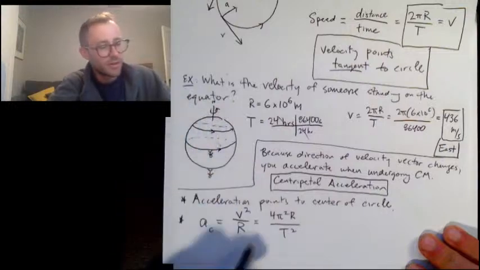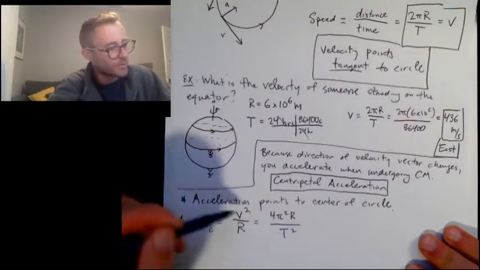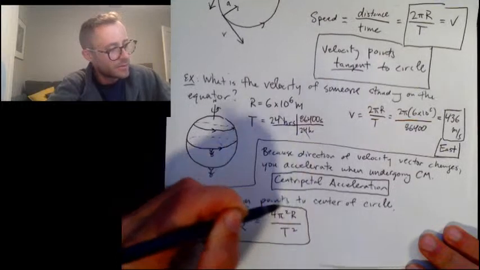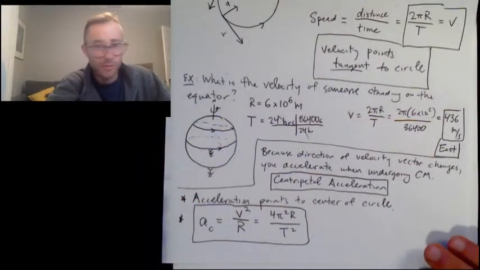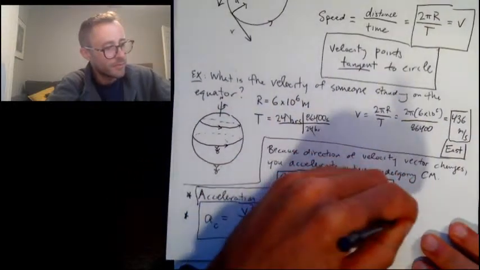This is expressing the same information, but just in terms of different variables. So that is the formula for centripetal acceleration, and this is the way that it points.